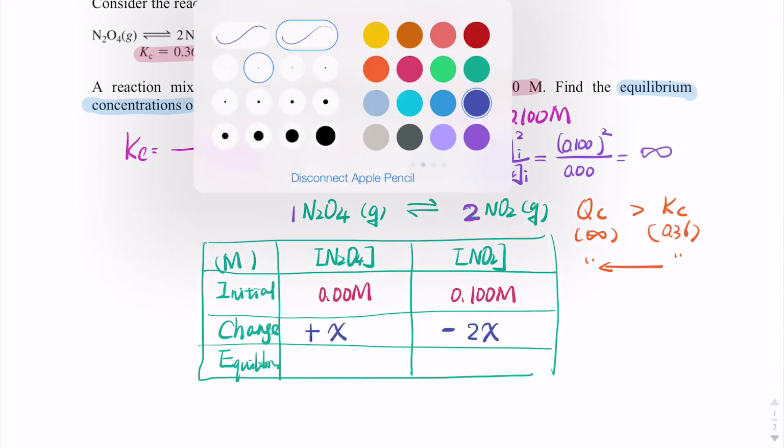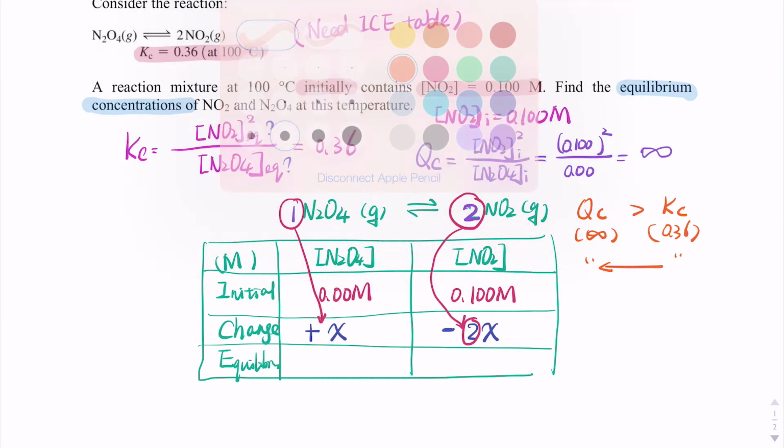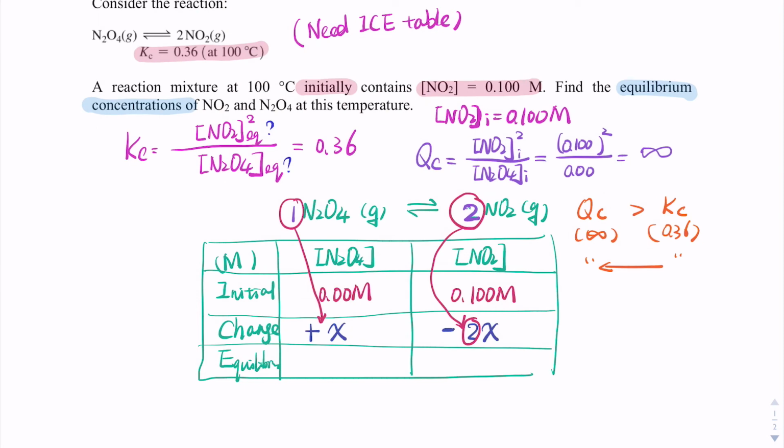The ratio comes from right over here: the 2 comes over here, and the 1 is over here, because for 1 we just don't write it out. That's all we have. The Qc and Kc comparison helps us figure out the sign of the change. Now that we have that, things get much easier.